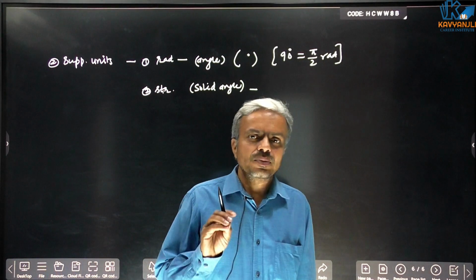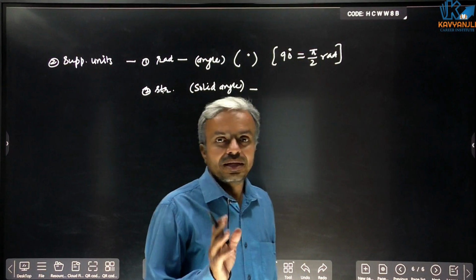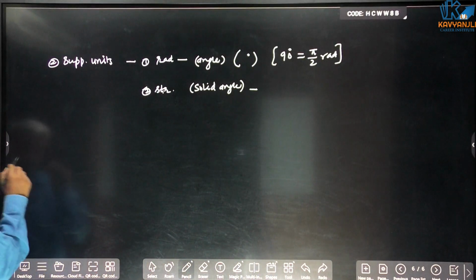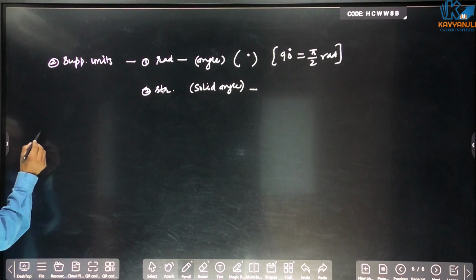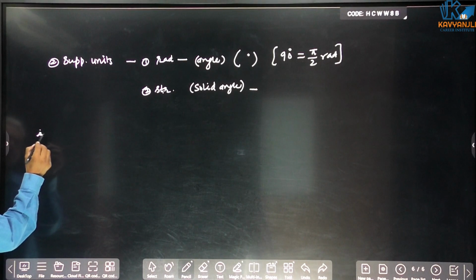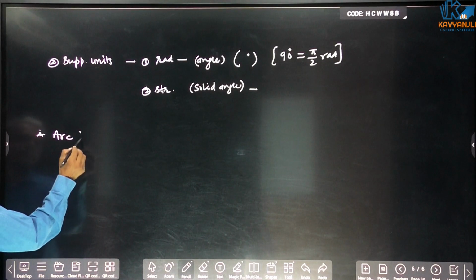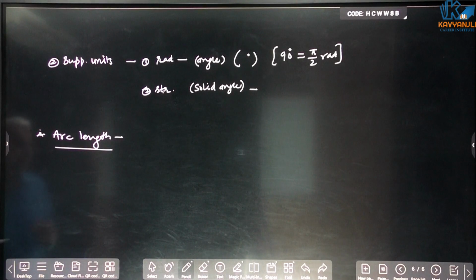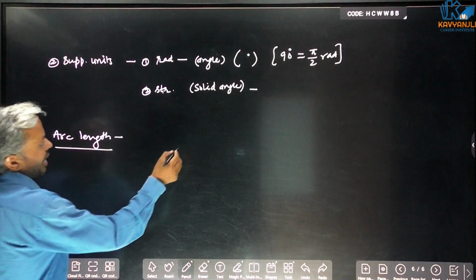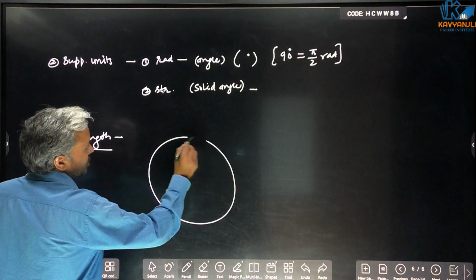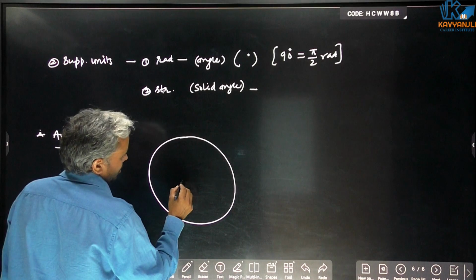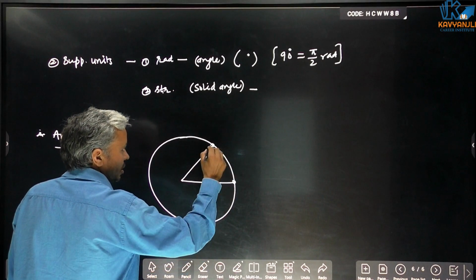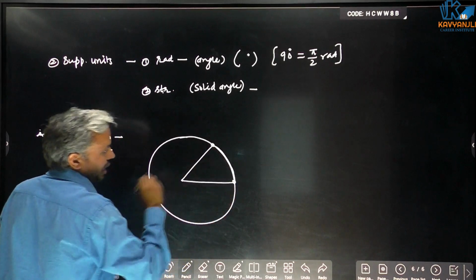Why are these units supplementary units? Let me explain this with an example. Arc length. What is arc length? Arc is a portion of a circle. Like this. A curved path is called an arc.